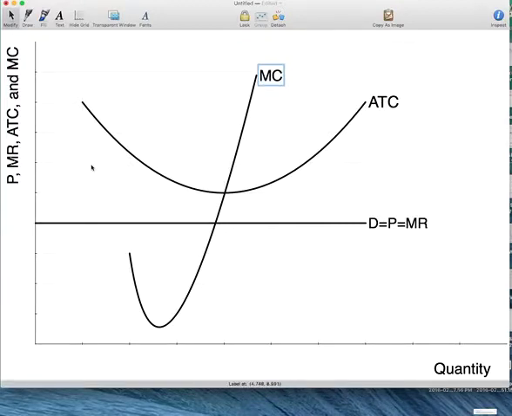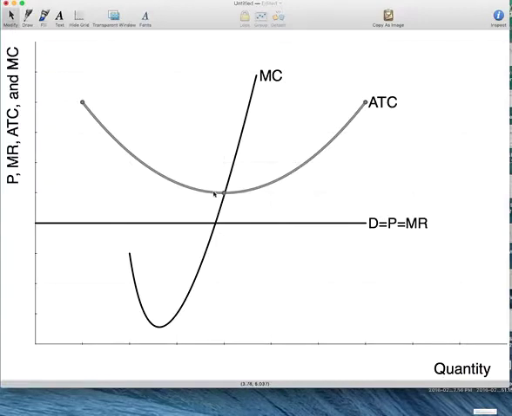And remember that at the beginning stages of output, average fixed cost is very high. So as we start increasing output, we're spreading those fixed costs out amongst more and more units. So average fixed cost is declining, which is decreasing average total cost.